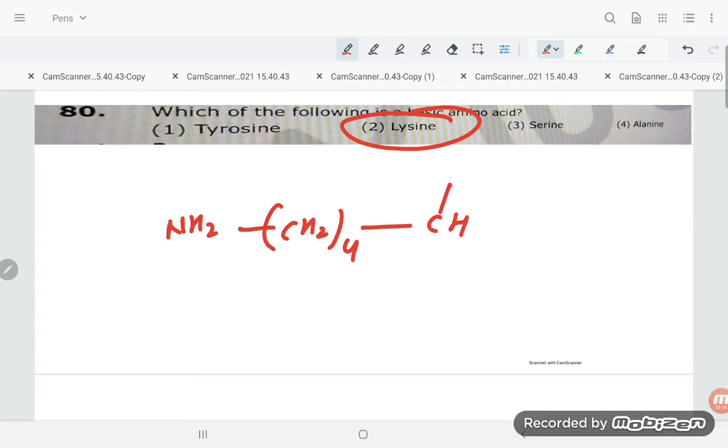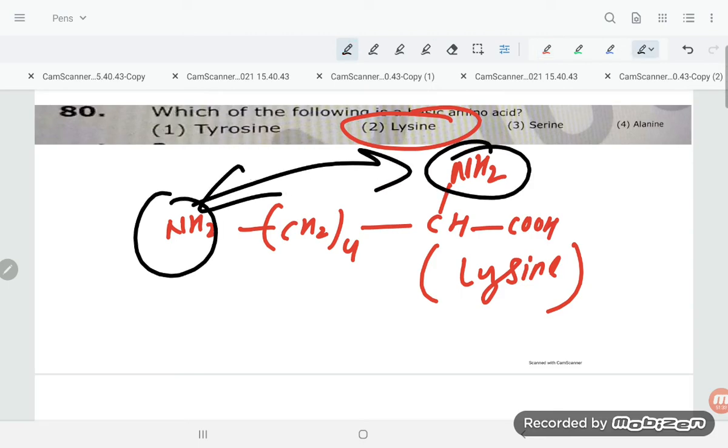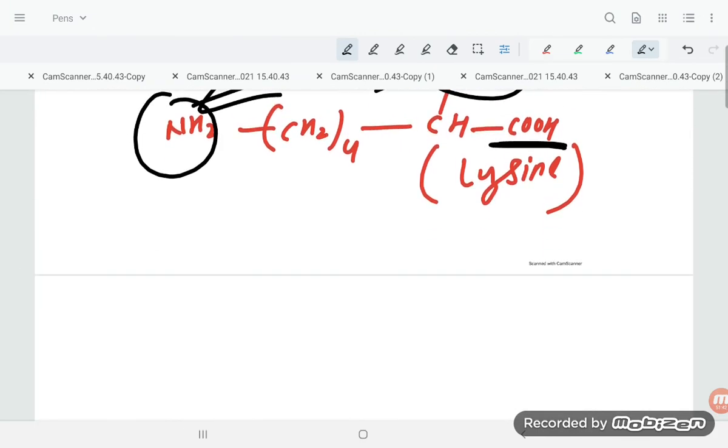This is CH, here is NH2 and COOH. So this is the lysine, student. In lysine, the basic part is more than the acidic part. You can see in this structure, student, the basic part is 2 compared to the acidic part, which is 1. So lysine is a basic amino acid. The correct option is option number 2.